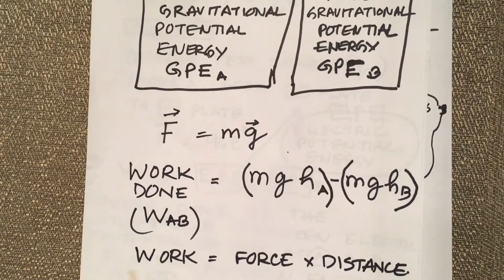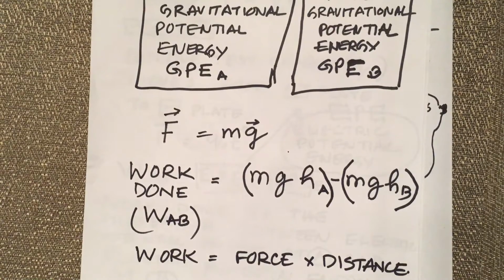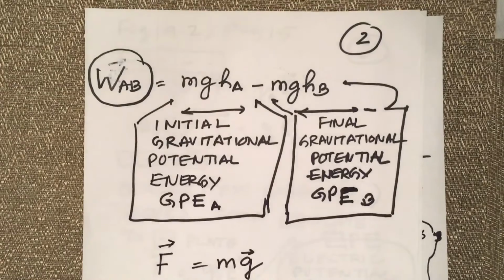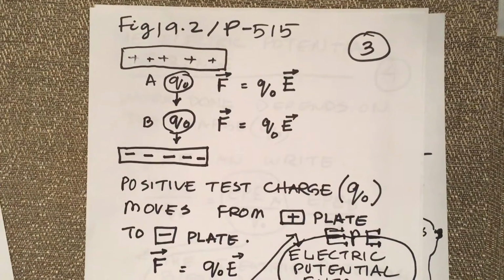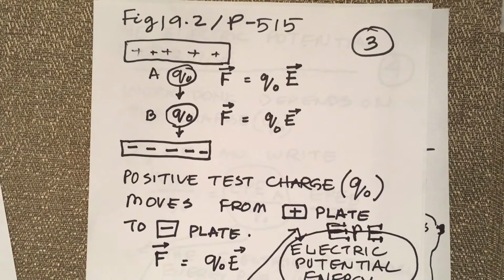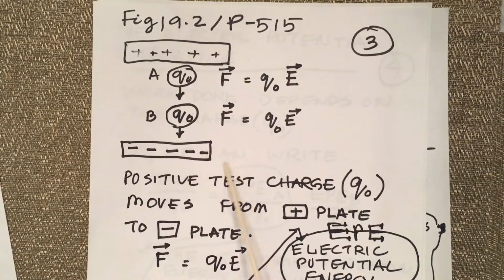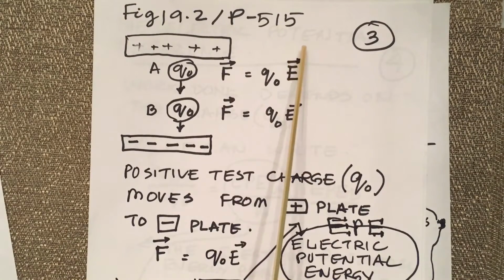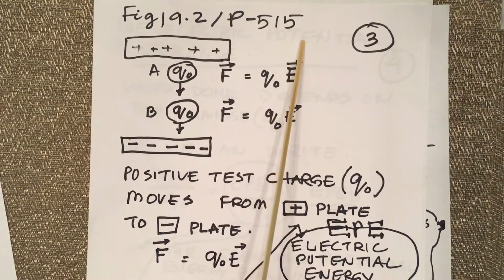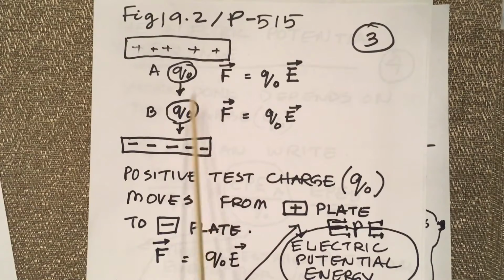Then we now go to define the electrical potential energy, the next topic. You can refer to figure 2, page 515. There are two plates, as you see.